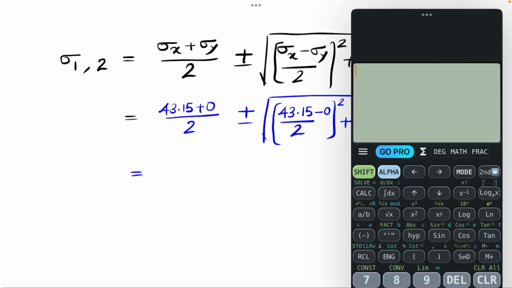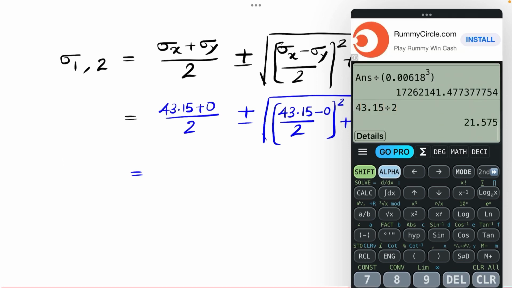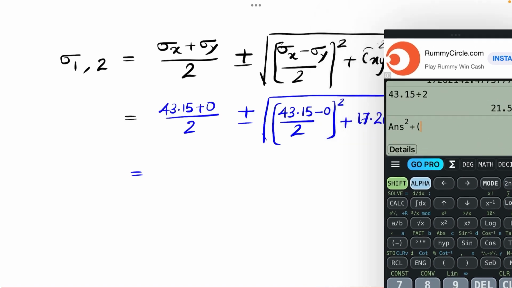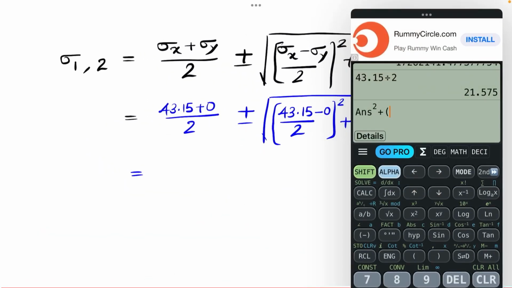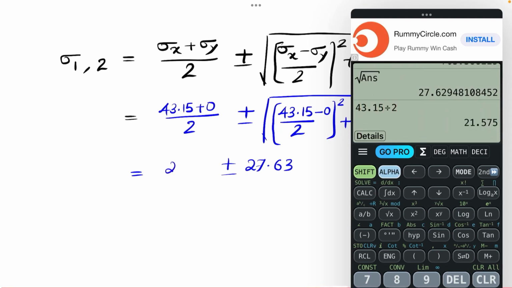Here also we can use the calculator. 43.15 divided by 2 whole square plus the shear stress 17.26 square, and the square root of this one is 27.63, so plus or minus 27.63 megapascal.